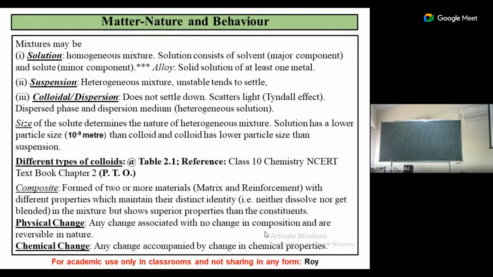We also just gave an indication that an alloy is a special type of solid solution where two solids are mixed. We have already talked about suspension, colloidal suspension, and different types of suspension.